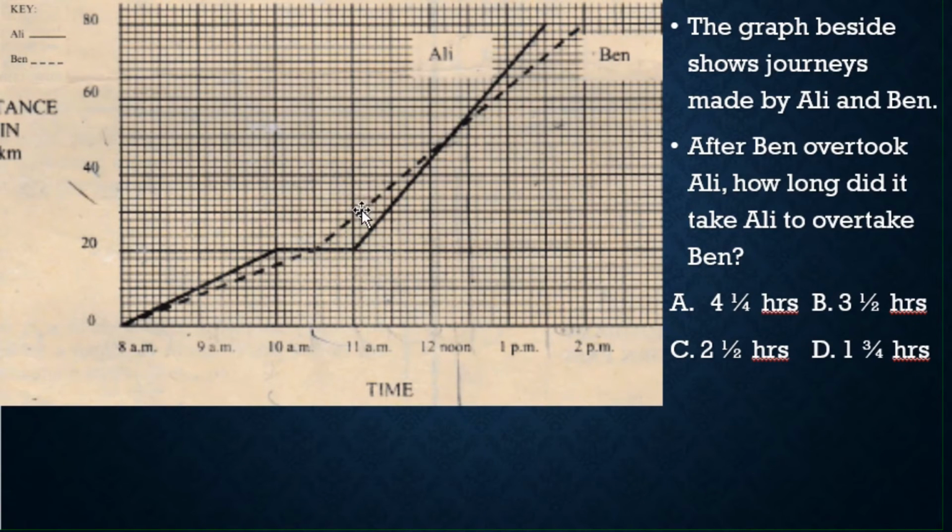The dotted line is now steeper. So they continue traveling. When they reach this point, Ali overtakes Ben again. So Ali is ahead again. So at this point where they met, this is Ben who overtook Ali. The other point where they met here, this is Ali who overtook Ben. On the next page I explain how long it took for Ali to overtake Ben.